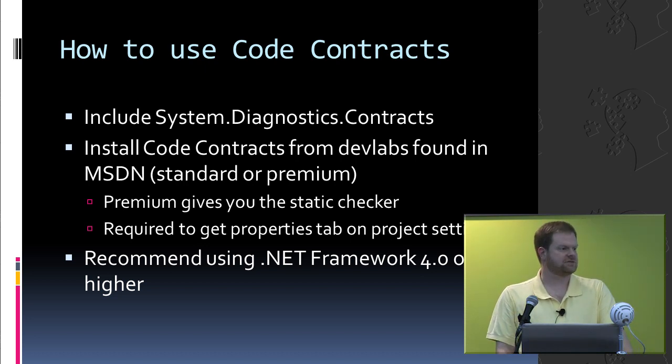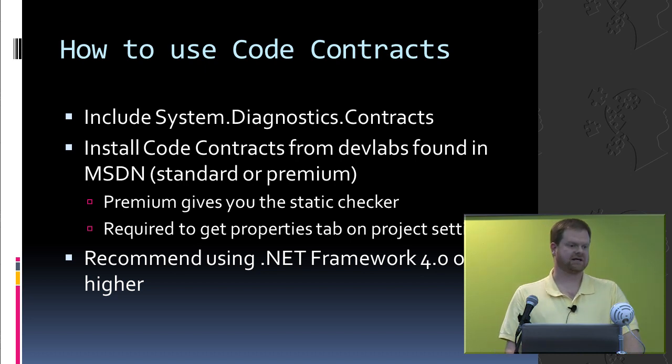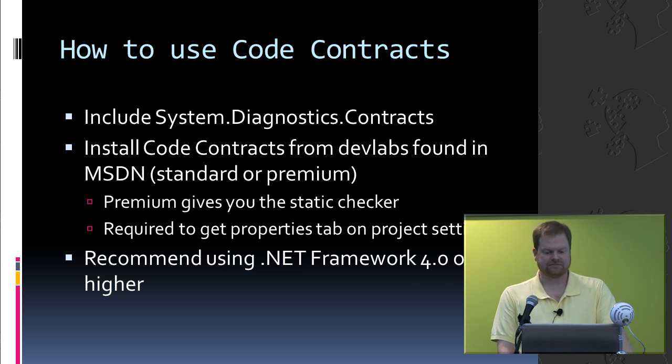There are two different versions of this DevLabs add-on, and it's going to depend on the version of Visual Studio that you have. One of the tools is called a static checker, and you'll need the premium version of the DevLabs add-on as well as the Premium or Ultimate edition of Visual Studio to use it.